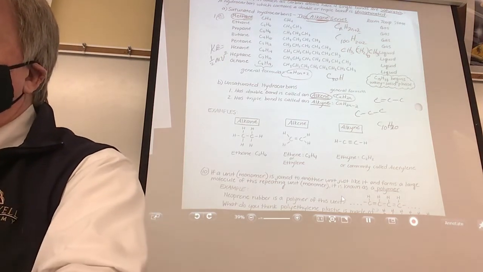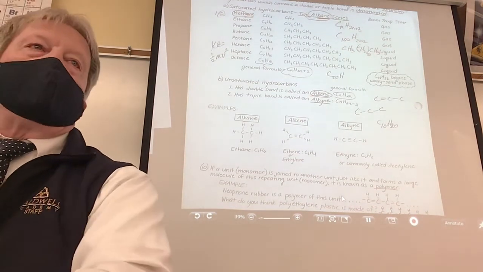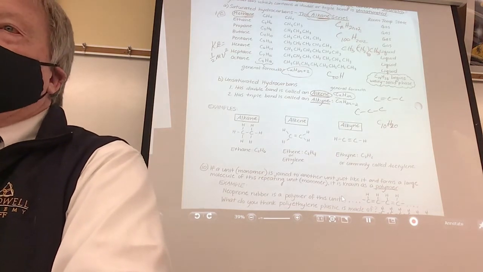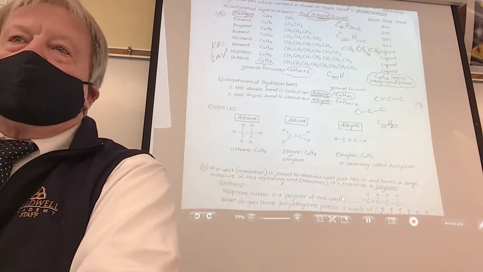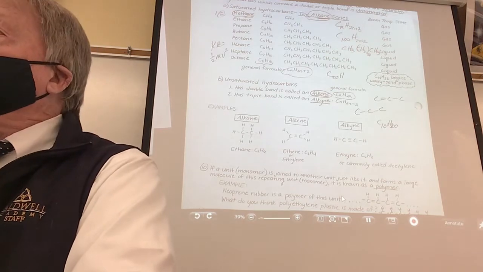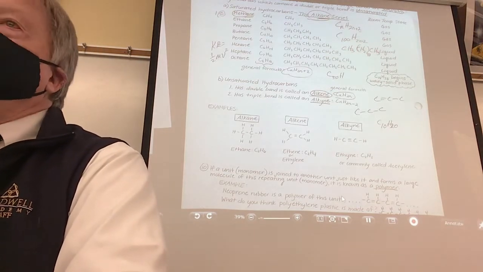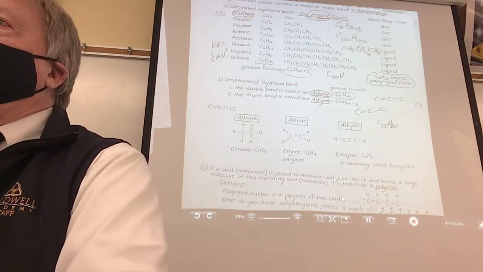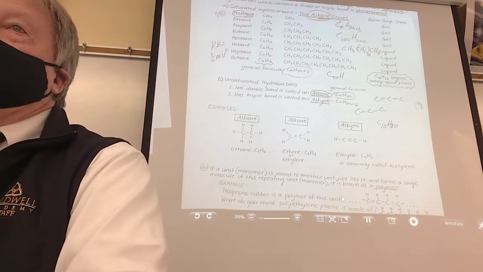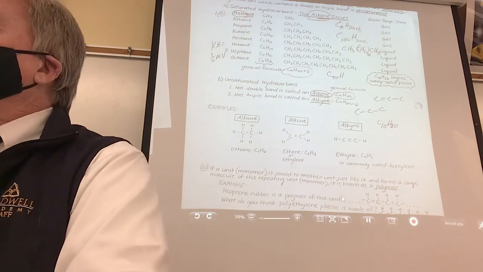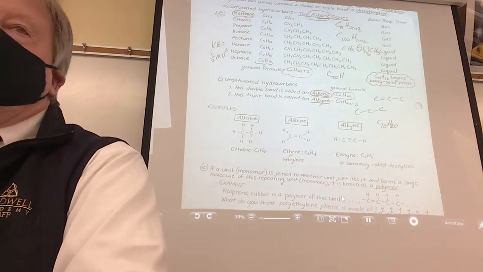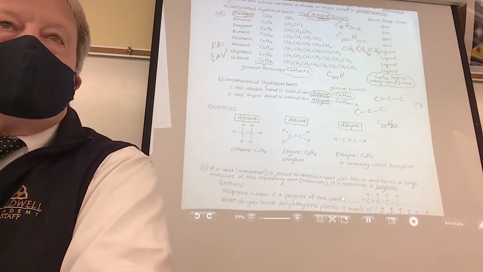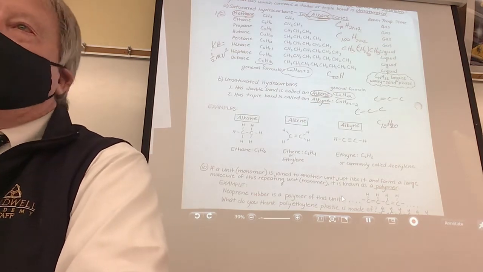Now here's something that I don't like about organic. I thought they did a great job when they started naming them. They made a very logical thing. Unfortunately, just like inorganic chemistry, for example, what do we call H2O? We should call it dihydrogen monoxide, and we don't. And what about NH3? We call it ammonia. It should be nitrogen trihydride.